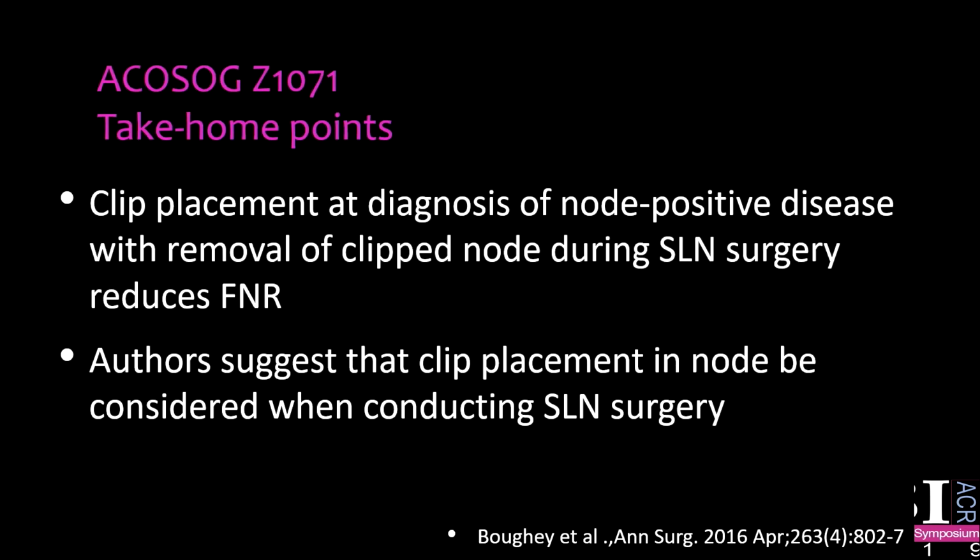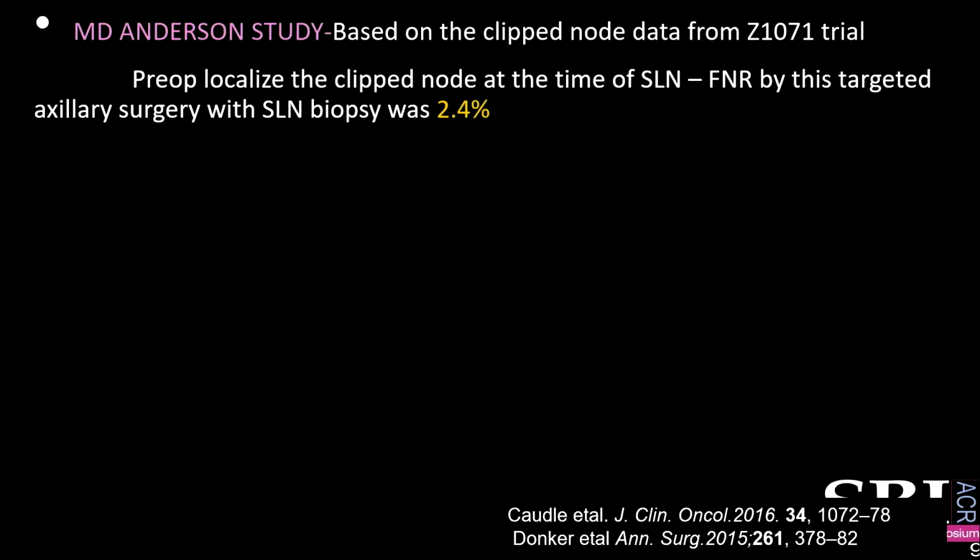So the conclusion was that clip placement at the diagnosis of node-positive disease with removal of the clipped node during sentinel lymph node surgery reduces false negative rate. And the authors suggested that the clip should be placed within the node when you're doing a biopsy, and that should be excised at the time of sentinel lymph node surgery.